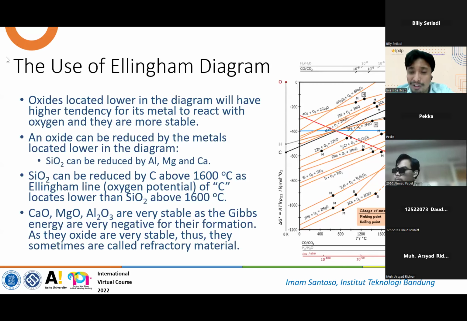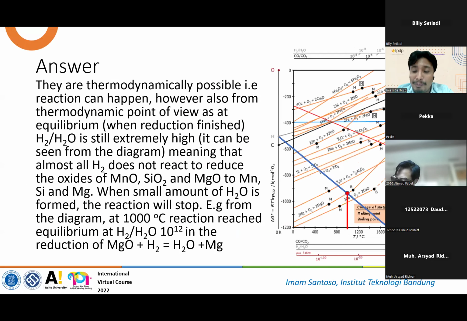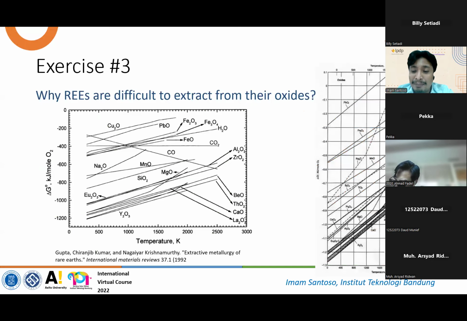Now let's discuss metals located in the bottom of the Ellingham diagram. Look, this one, guys. You have calcium here, but below calcium, there are many metals located below it.